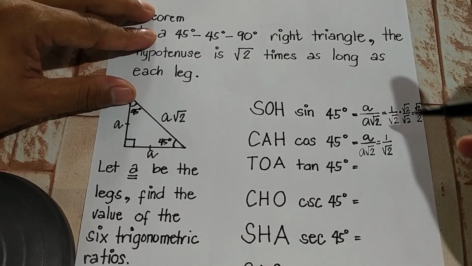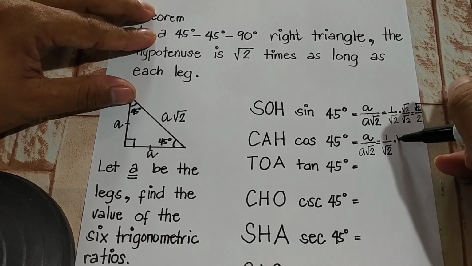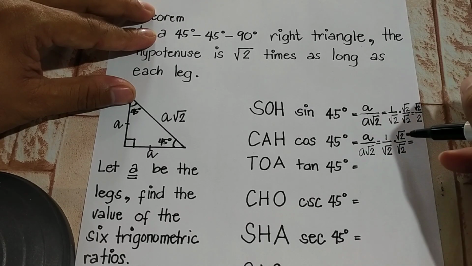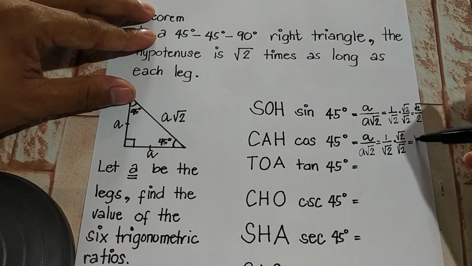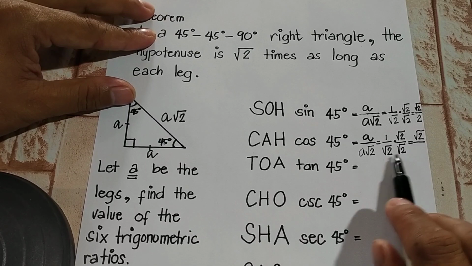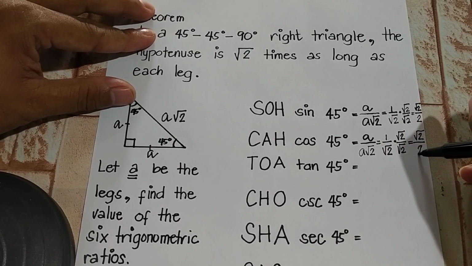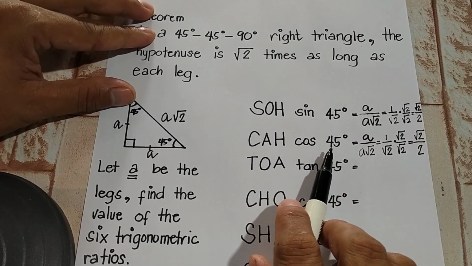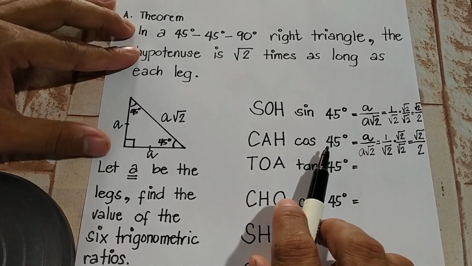Then rationalize, multiply the whole fraction by square root of 2 over square root of 2. So 1 times square root of 2 is square root of 2, all over 2 times 2, that is 4, and square root of 4 is 2. Meaning to say, sine and cosine 45 are equal in measure.